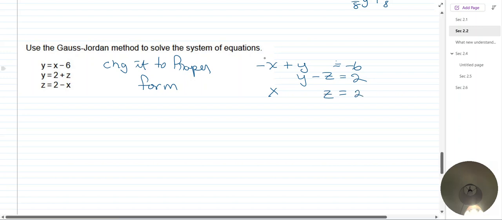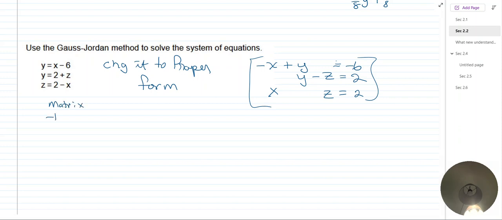All right, so this is my system of equations. Now we're going to make a matrix. -1, 1, 0, and -6. Row 1, -1, and 2. 1, 0, 1, and 2. All right. And now they want us to use Gauss-Jordan to solve it.